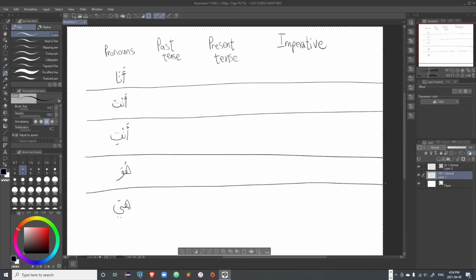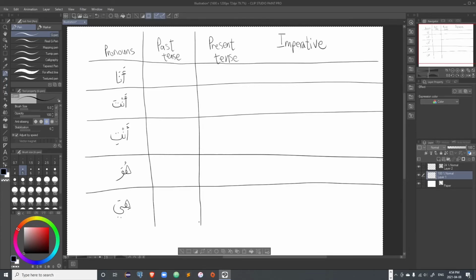So we will take one verb for today's example, and if you would like to practice further, I would suggest looking or searching for different conjugation sheets or different verbs that you can practice on.